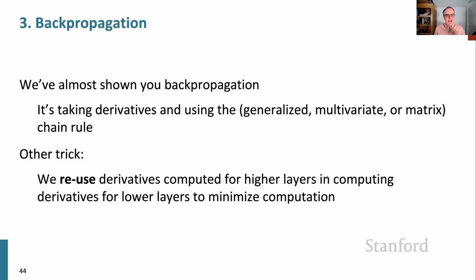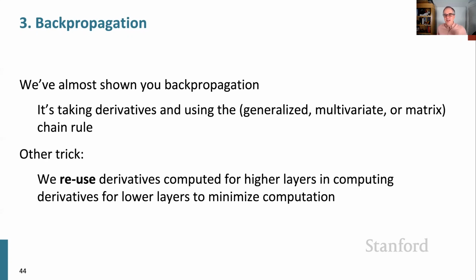The rest of the backpropagation algorithm is to say, okay, when we have these neural networks, we have a lot of shared structure and shared derivatives. So what we want to do is maximally efficiently reuse derivatives of higher layers when we're computing derivatives for lower layers so that we minimize computation.